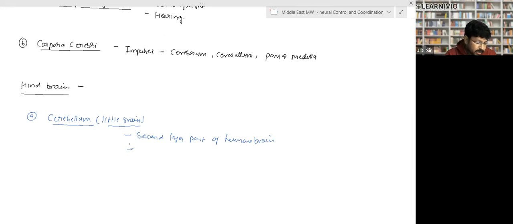It controls rapid muscular activity like running, typing, and talking. Those people who are more talkative, their cerebellum is more developed, right?